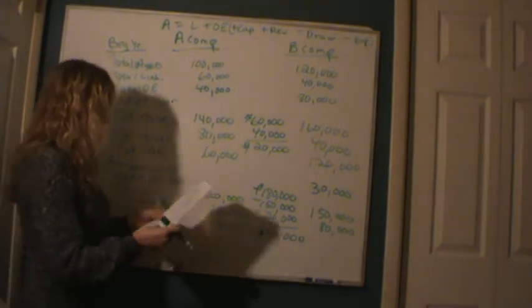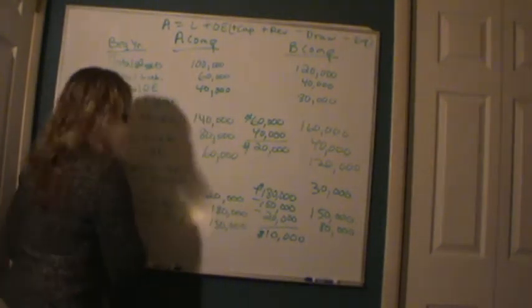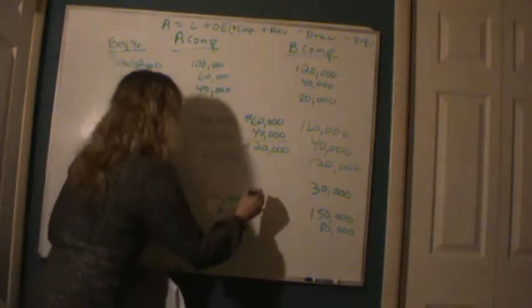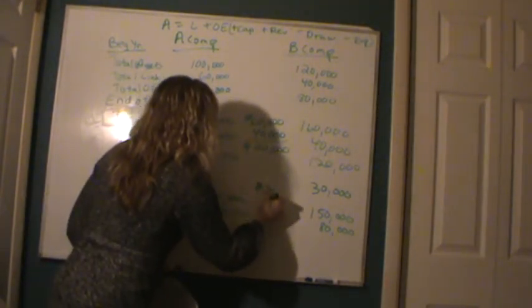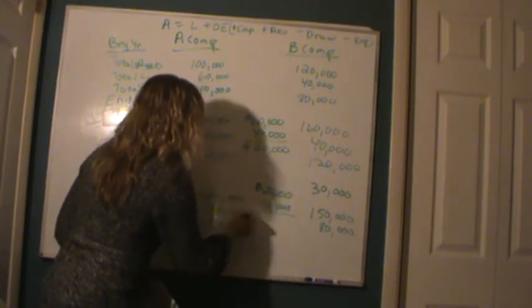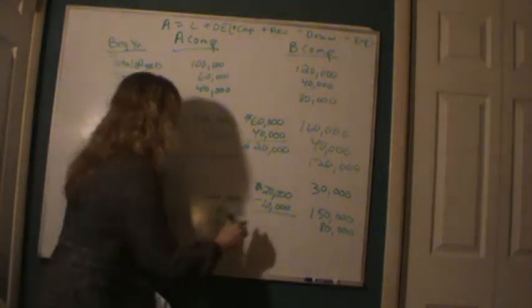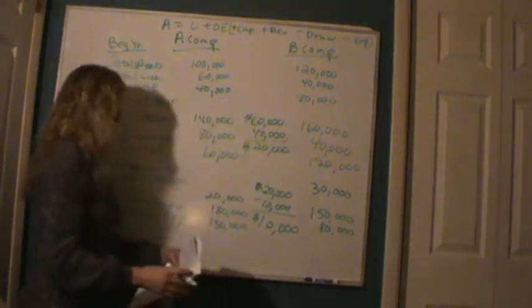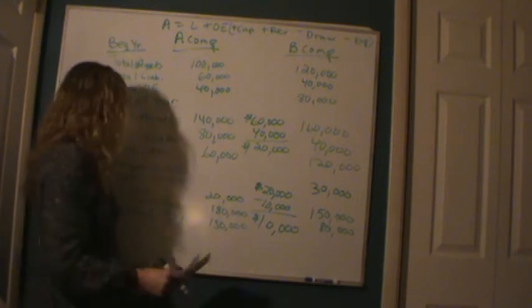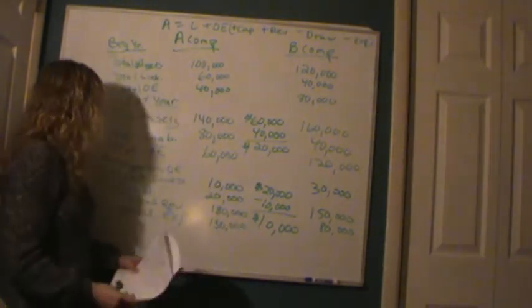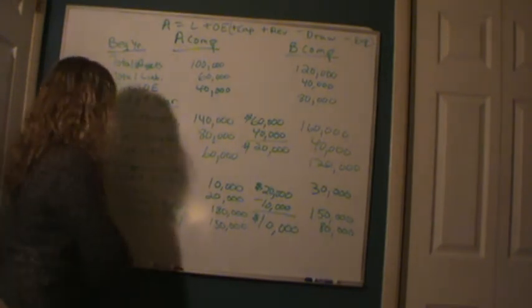So if we look at our change, I'm going to erase, I don't have enough room. If we look at our change of $20,000 and subtract the $10,000 that we already determined for these 3 items, that means the other $10,000 change in owner's equity came from additional investments by owners.